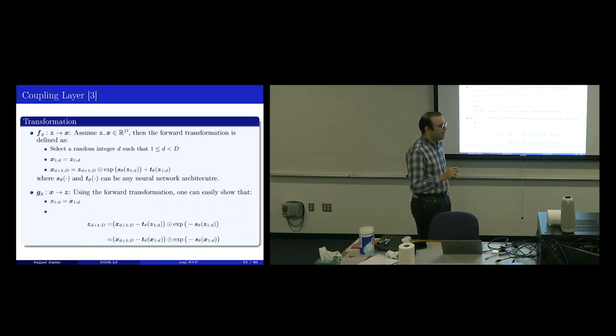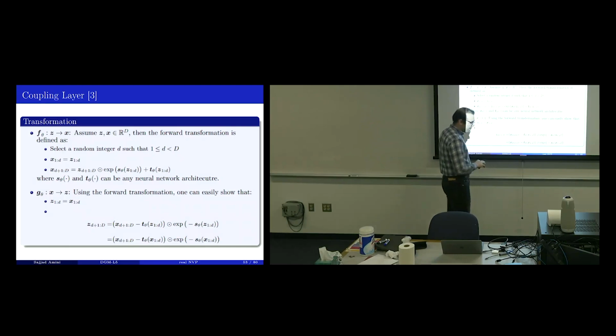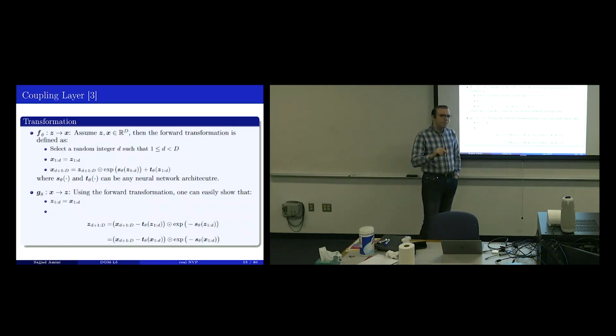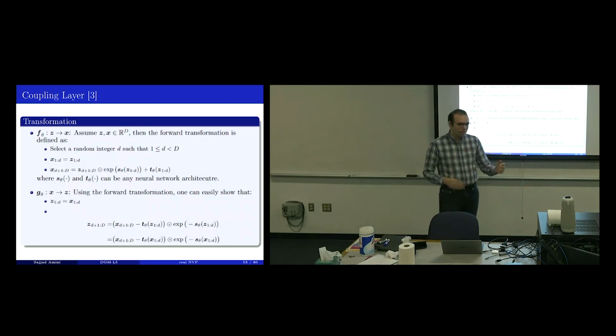You can refer to the papers for more detail, but they also have some permutation layers. There are some layers in between that just permute the dimensions, so that the first part and the second part are not fixed. They permute them so that you have access to different alignments of the data.